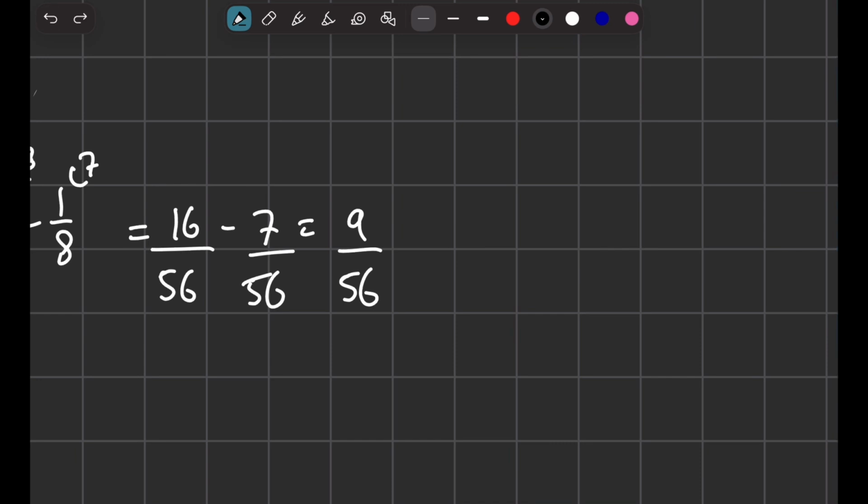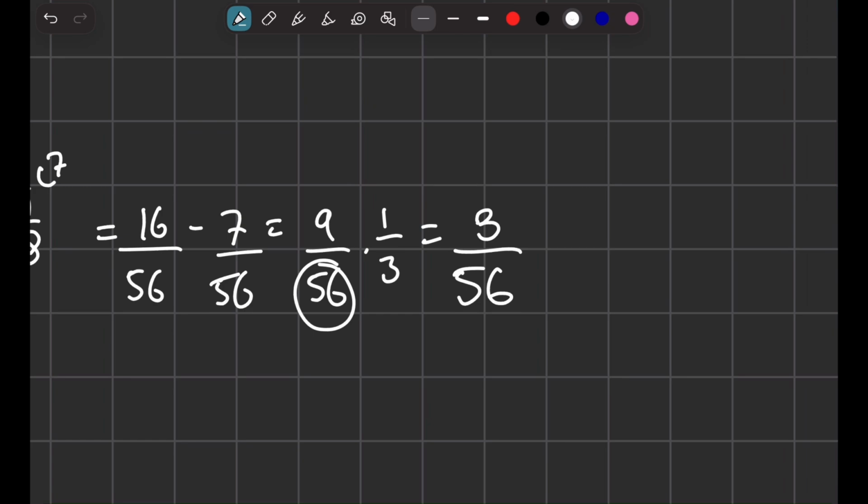So this times 1/3 is just 3 over 56, right? Because this becomes 3 times as small, right? So you can either make this 3 times as big or 3 times as small. Cool, so this is our answer.